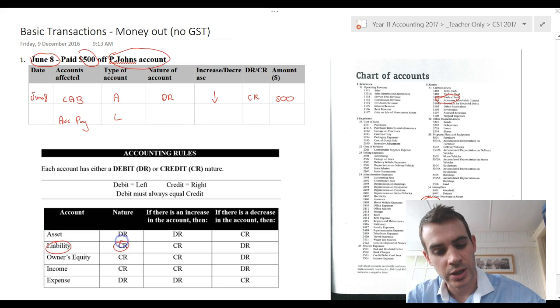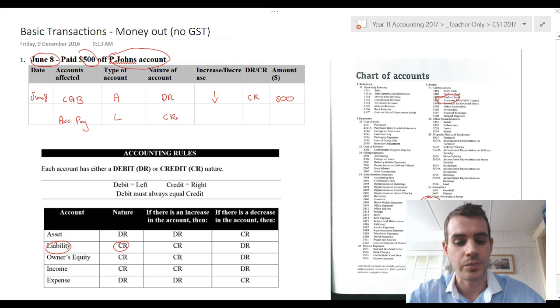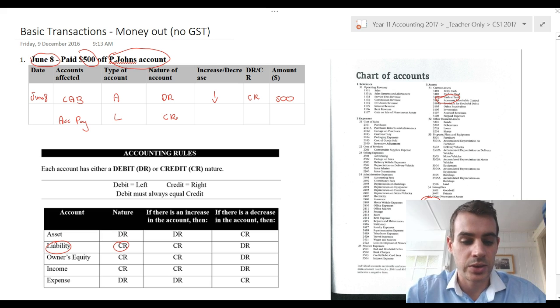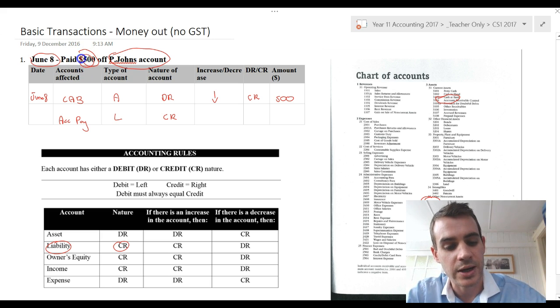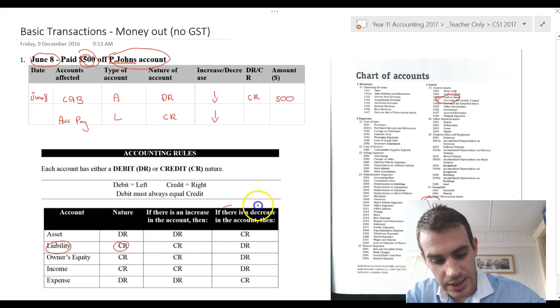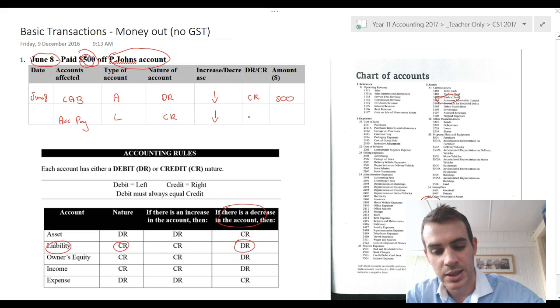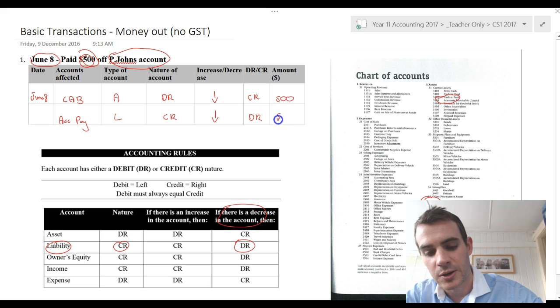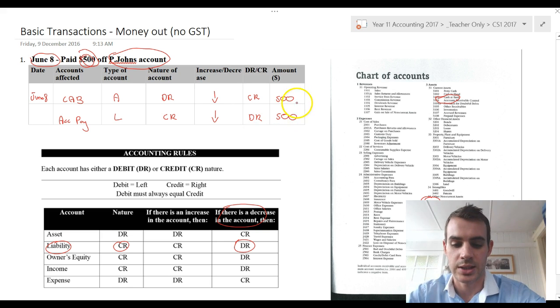Liability accounts, we know, are credit by nature. Now, what's happened here? Has it increased or decreased? If we've paid off $500 off our balance, that's actually decreased. So when something decreases, when a liability decreases, it flips around. So that's actually going to flip around to a debit of $500. You can see here our credits equal our debits.